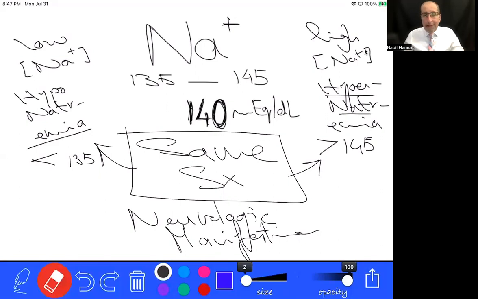The simplest will be headache, dizziness, slight numbness around your mouth, and the worst is seizures, coma, death.